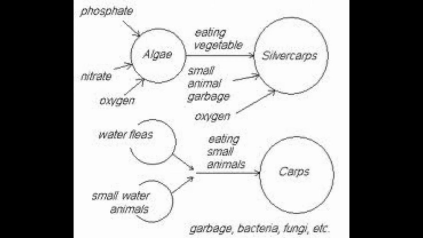These are composed of phosphate, nitrate, and oxygen. Then, as you can see, they are the prey of the silvercaps. The silvercaps then become the prey of the microorganisms we had been seeing, like flagellates, protozoans, and others.